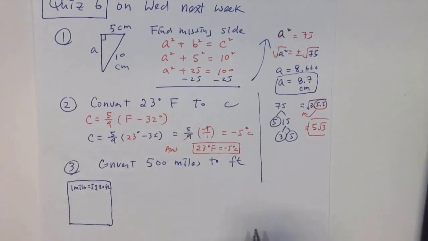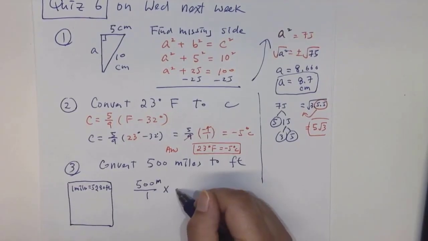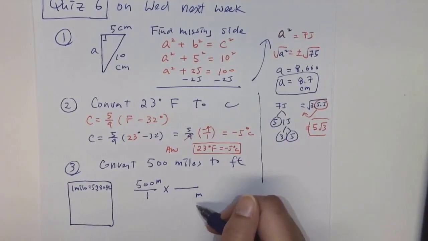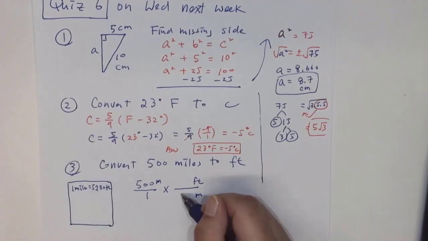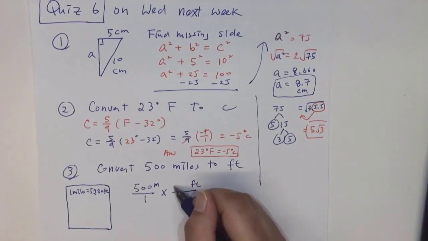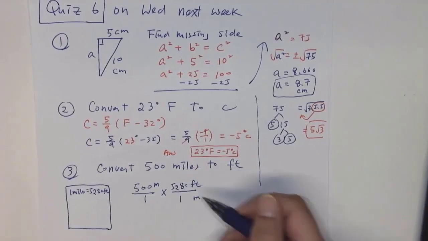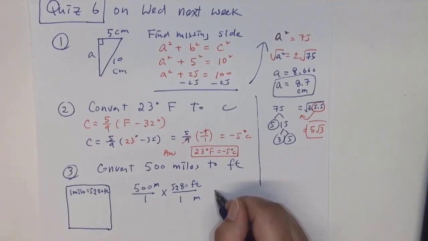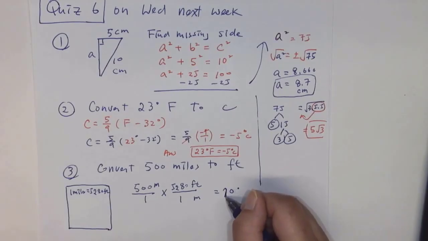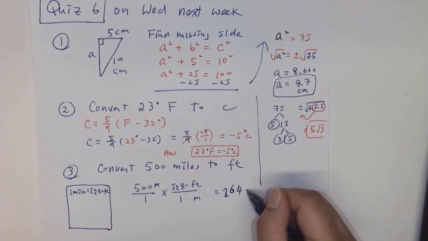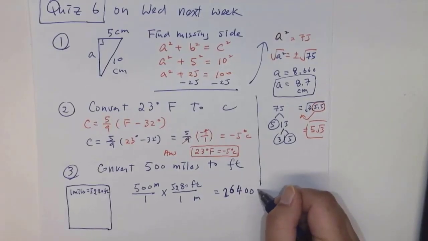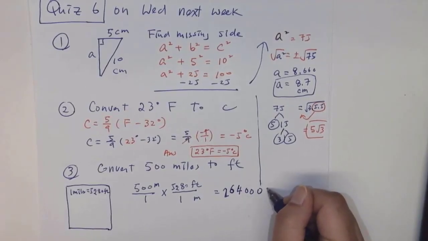500 miles over 1. So the miles need to be down here, right? And then feet need to be up here, right? So you can cancel. What is it? 1 mile is 5,280. Okay, just multiply together. We get 2, 6, what? 4, 0, 0, 0, 0.